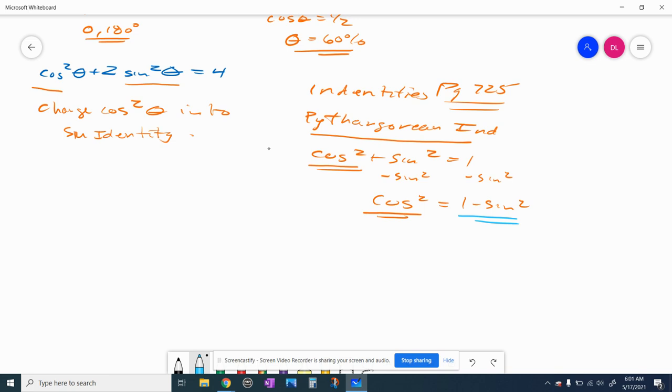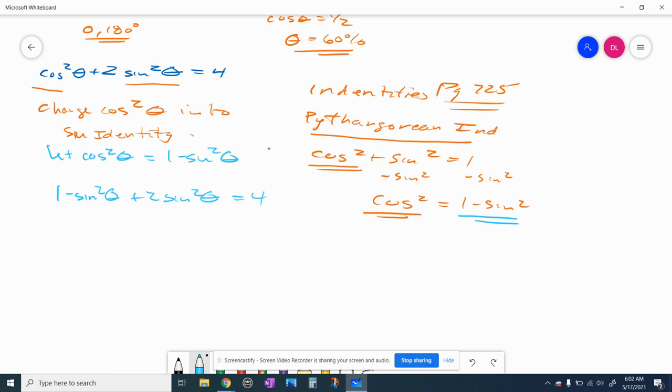Well, now I can use that here. I can say let cosine squared theta equal 1 minus sine squared theta. So I'm going to rewrite this as 1 minus sine squared theta plus 2 sine squared theta equals 4.